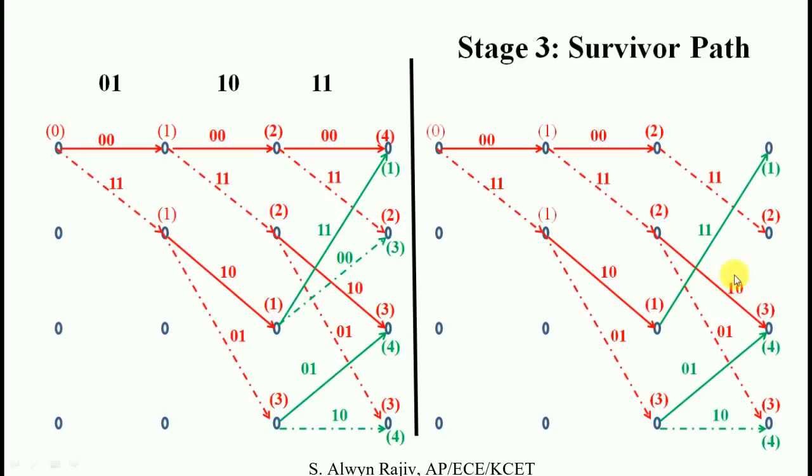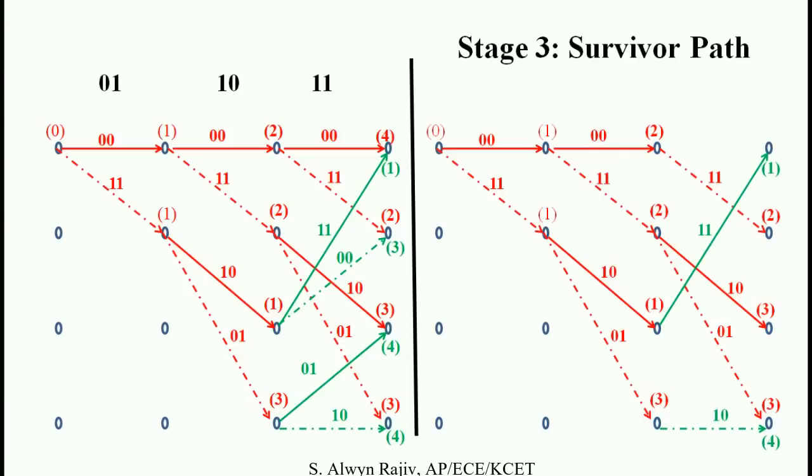Similarly, next the node C. Here there are two values, 3 and 4. The first value is the minimum value. This value is from B. The 4 is from D. This is the maximum value. Therefore, this path is discarded.